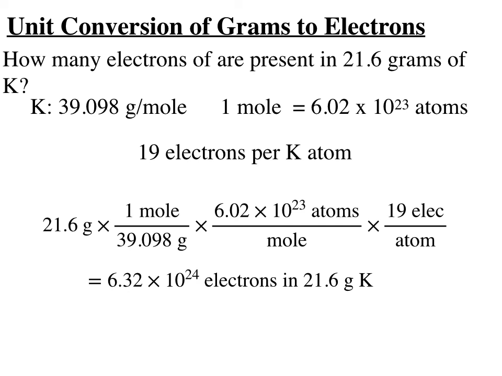The answer comes out in electrons. So if the units line up correctly, so do the numbers. So I will take 21.6 times 1 times 6.02 times 10 to the 23rd times 19 and divide that all by 39.098. And that tells me there are 6.32 times 10 to the 24th electrons in my 21.6 gram sample of potassium.